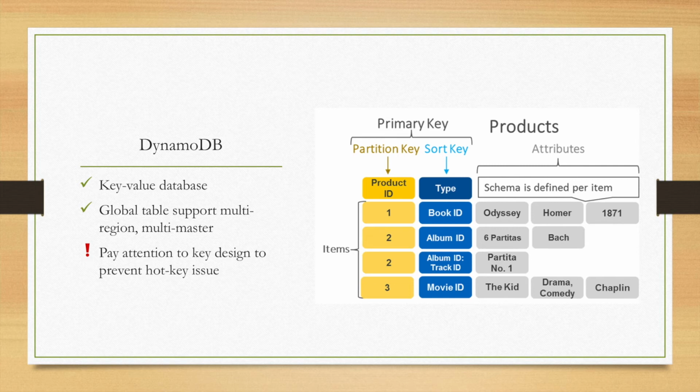For the sort key, the data are located in one partition, but the sort key is used to sort them. So you need to carefully design your partition key and sort key for better query performance. And for the attributes or values, you can put any number of attributes under that key.